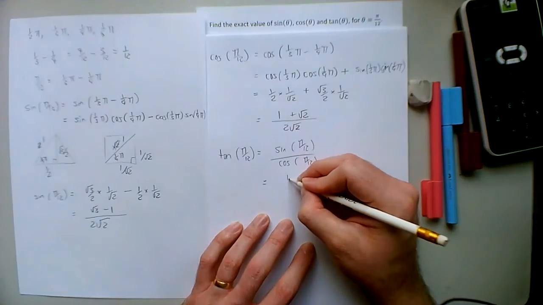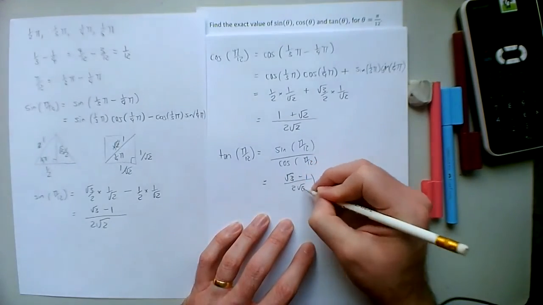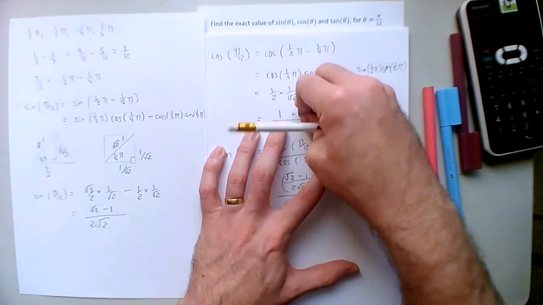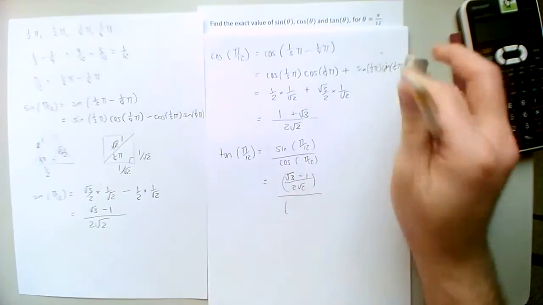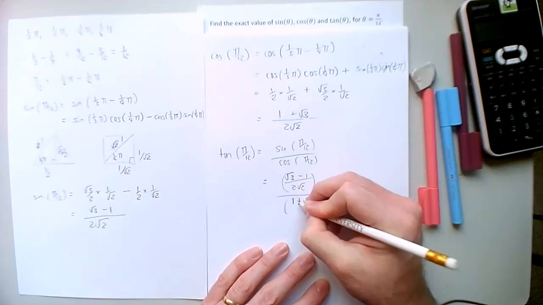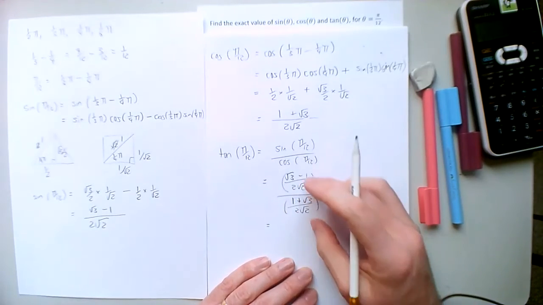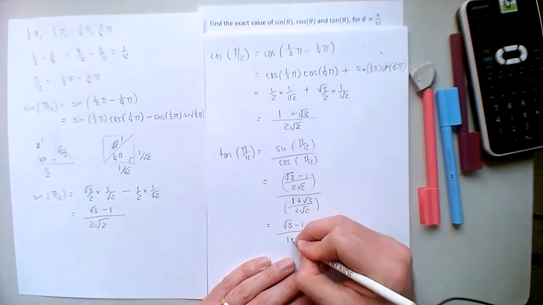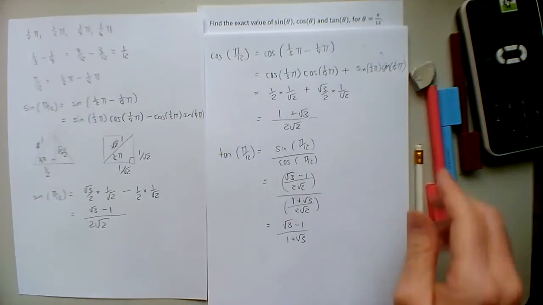Which will be √3 minus 1 on 2√2, divided by 1 plus √3 over 2√2. And the 2√2's, if I multiply top and bottom by 2√2, then they'll go away. Cool.